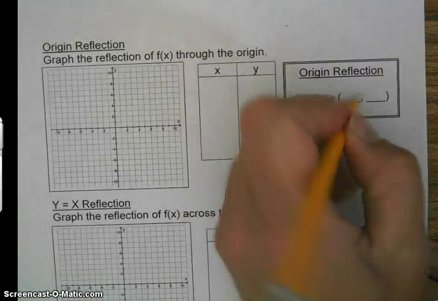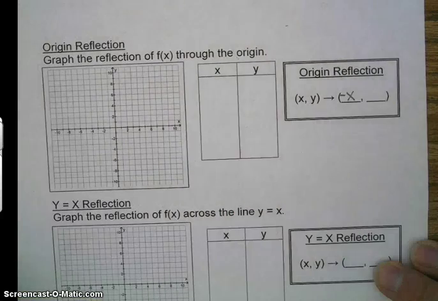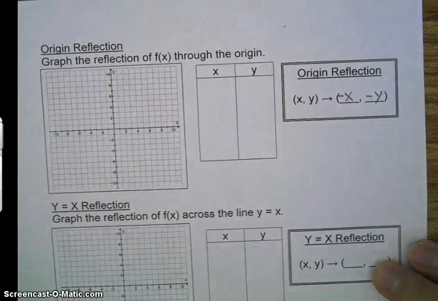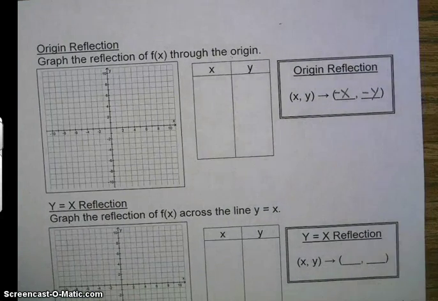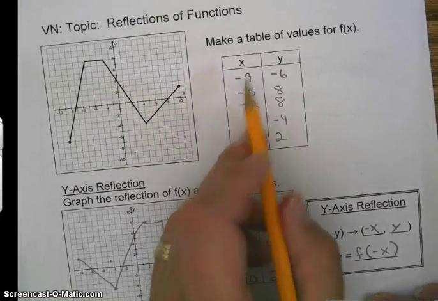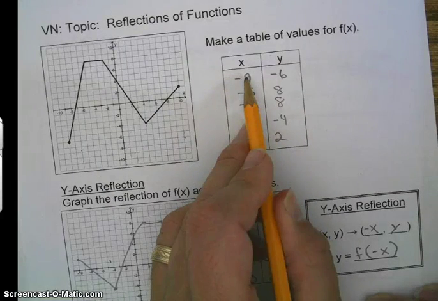So we're going to use the rule, change the x and change the y, both of them. So looking back at our original points, all the signs are going to change this time.